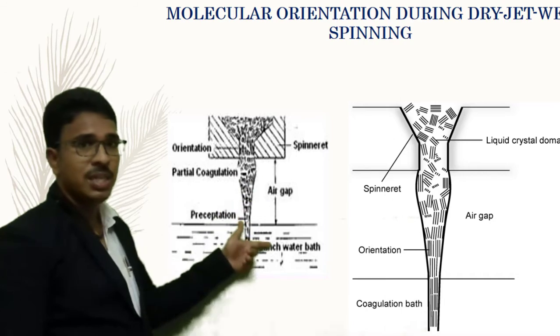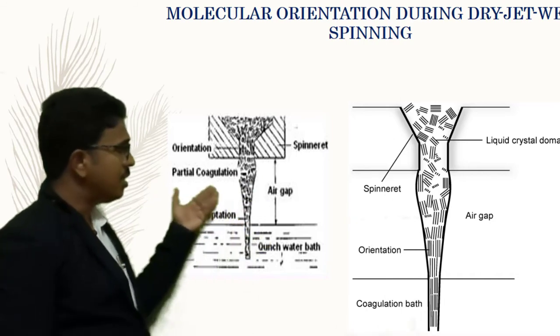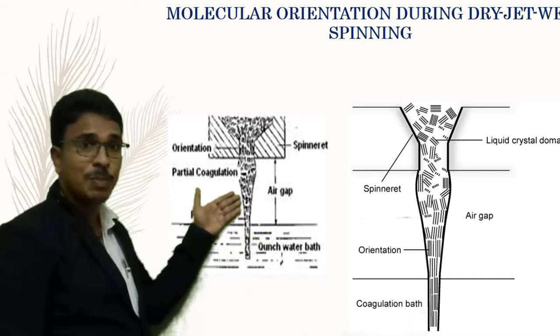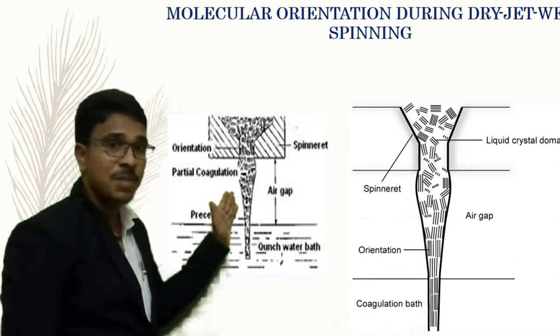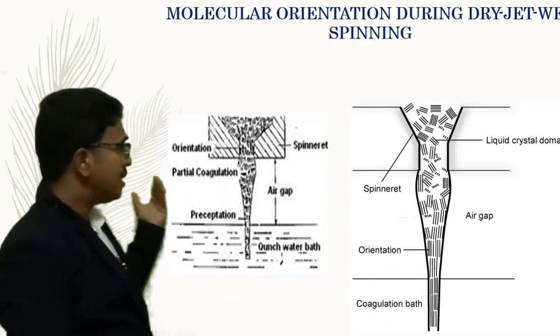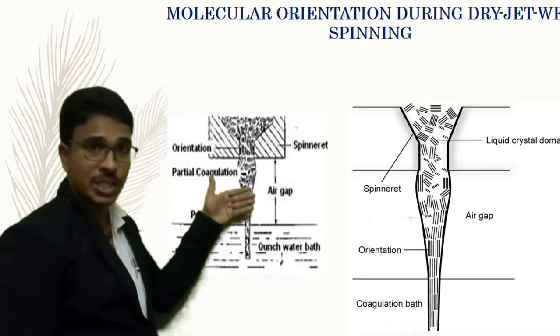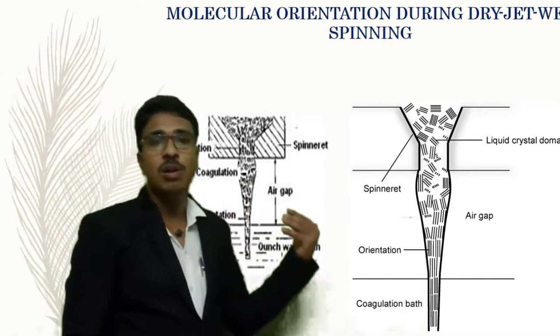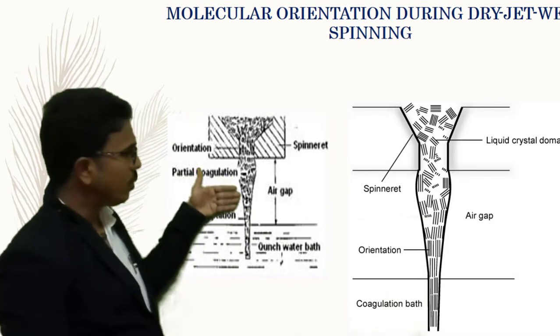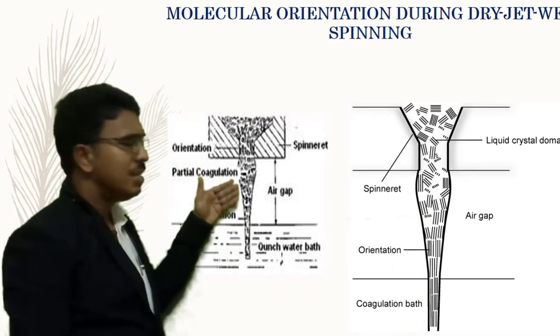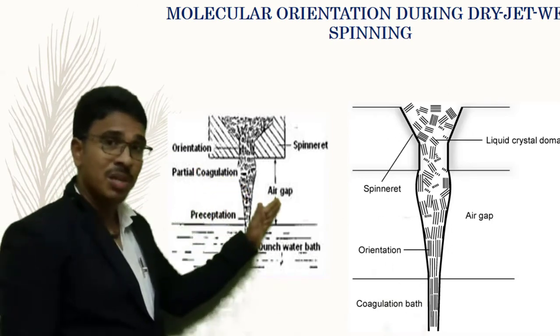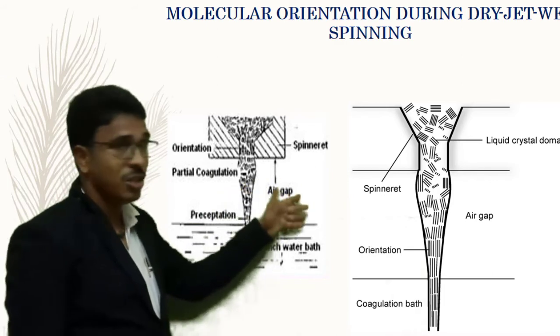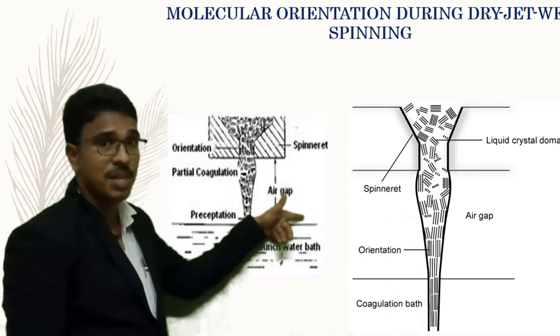What we are doing here is partial coagulation. We are passing heated gases, which is what we do in dry spinning. The same sort of thing we are doing here, so partial coagulation is taking place, which means some part of the solvent may be removed. In the next image you can see how the orientation is taking place.